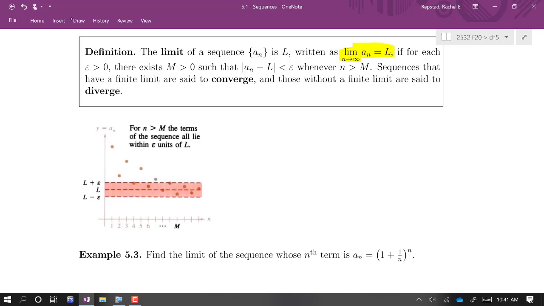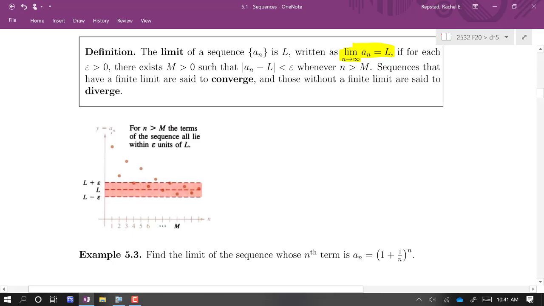And we have this epsilon definition that says a sequence converges if for every epsilon greater than 0, there exists some number, big M, such that an minus L is less than epsilon whenever n is greater than M.